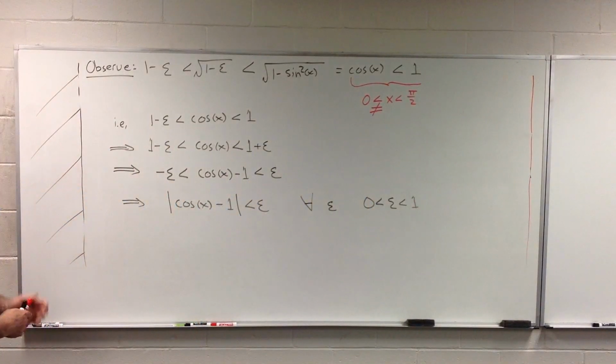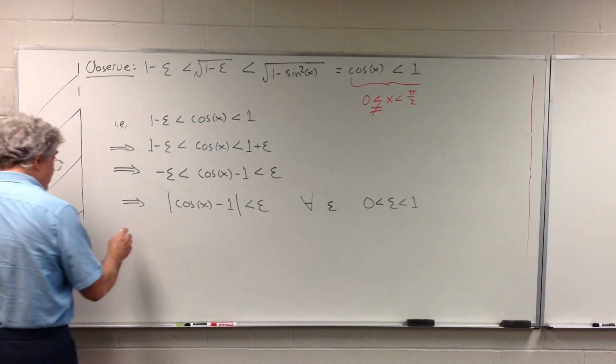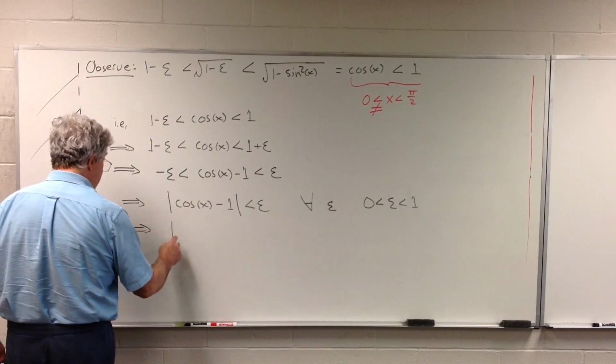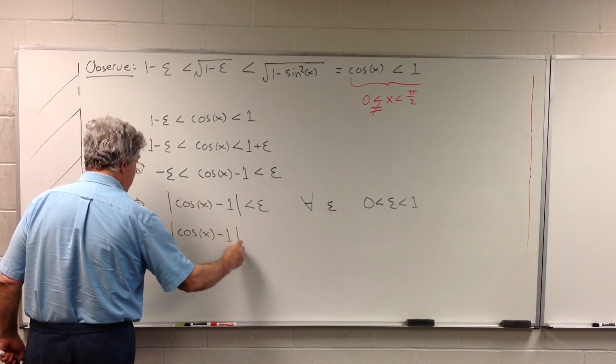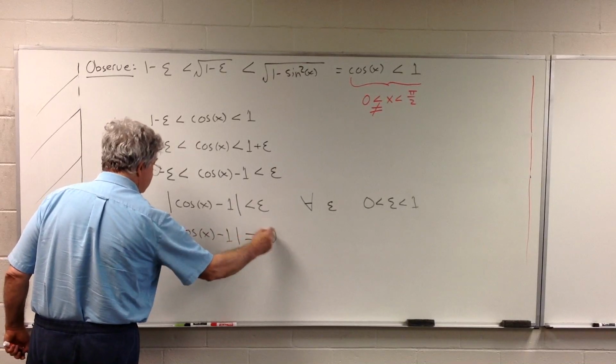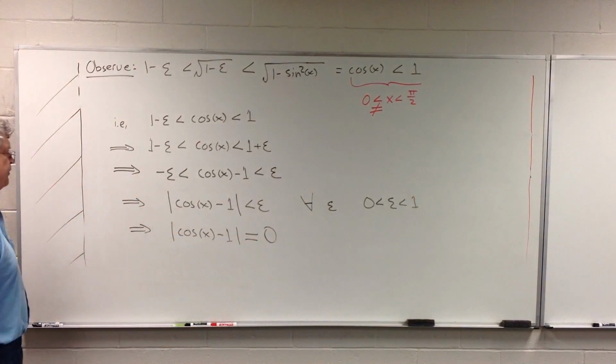If this is less than epsilon for all positive epsilon, I know what that means: cosine of x minus 1 has to equal 0.